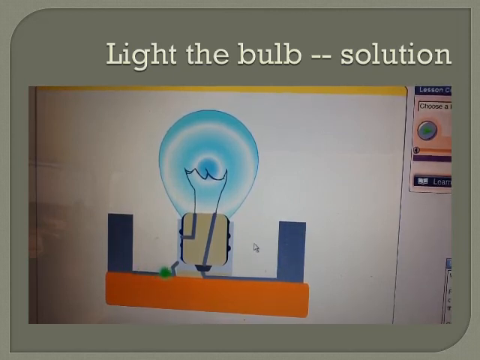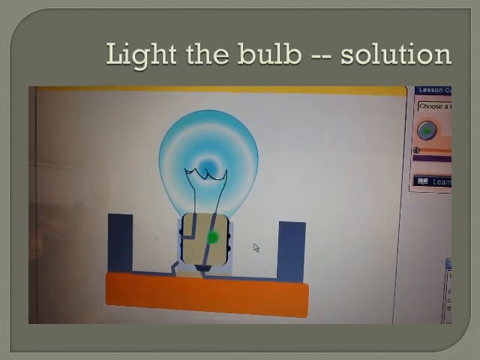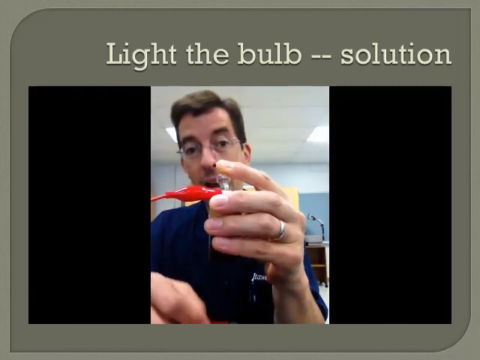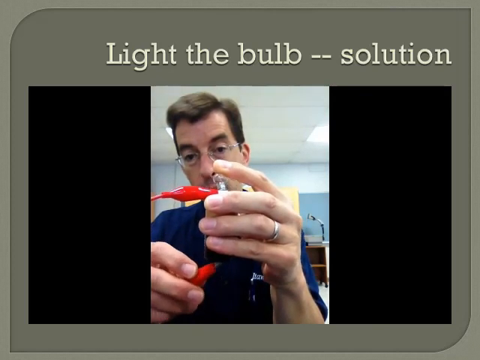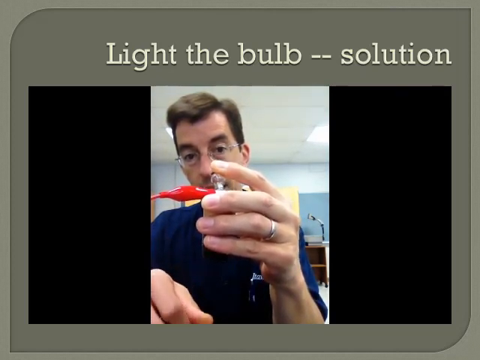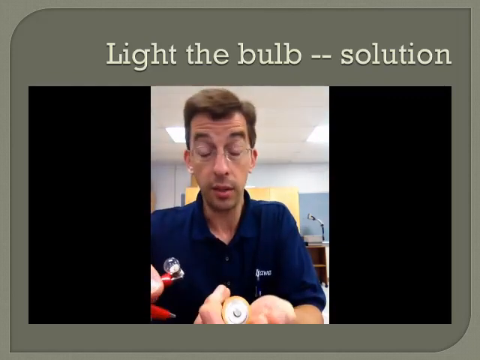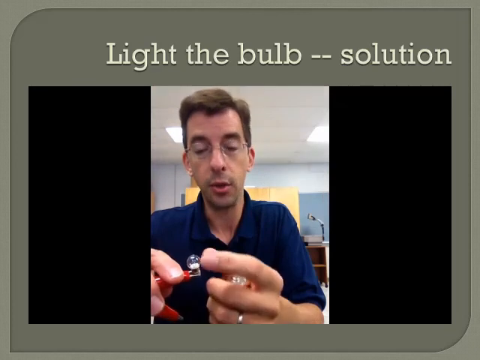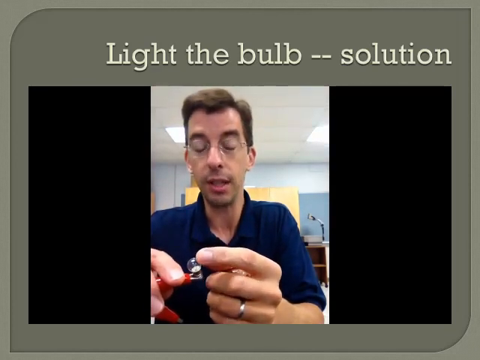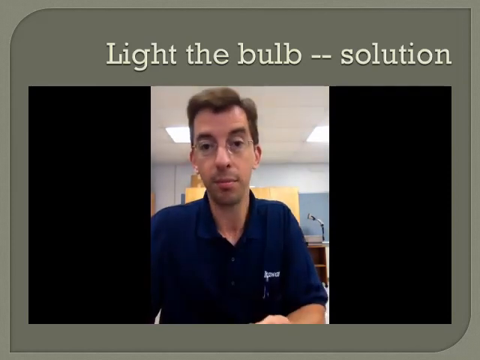Without that full path, we would not have a circuit and the bulb wouldn't light. And there we have it. When I break the circuit anywhere, I'm not going to have a glow. Notice, there's really no other way for me to attach this properly in order to make the complete circuit that creates the current, which then produces the light in my bulb.